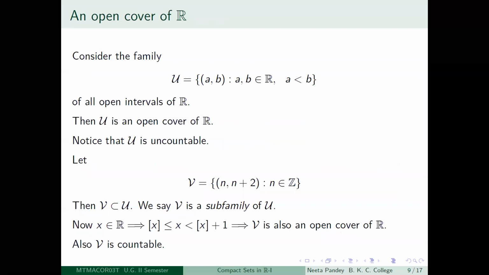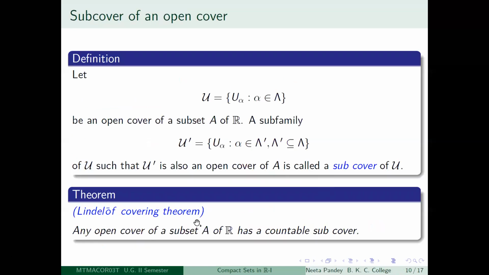That is what we saw in this example, right? Out of an uncountable family which was covering the real line, we could obtain a countably infinite family which still covered R. So this is what Lindelof's theorem is telling you, that this is always possible.